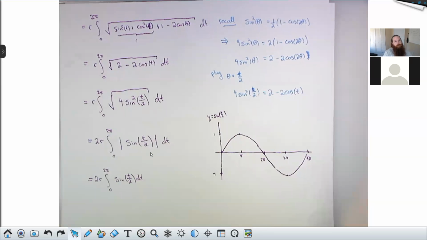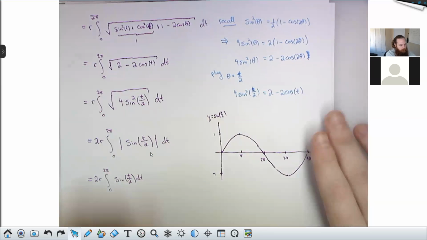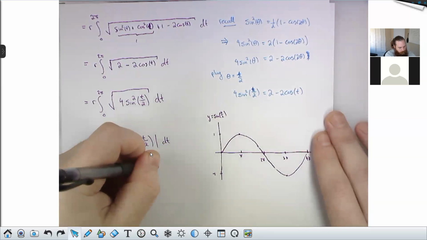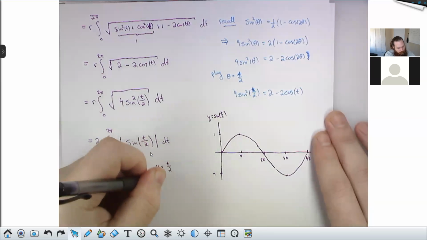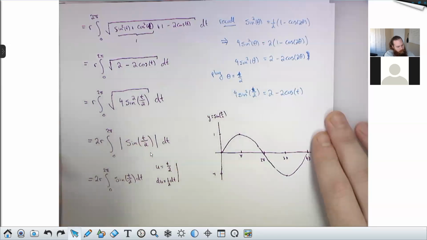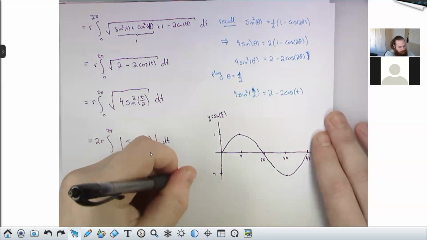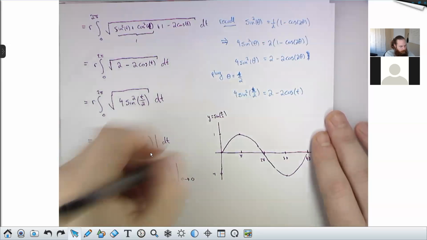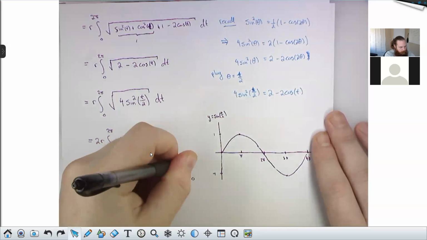And now this is a little u-sub problem. So I would let u equal t over 2. du is 1/2 dt. I do need to change my bounds. 0 stays 0, and 2 pi is going to become pi.